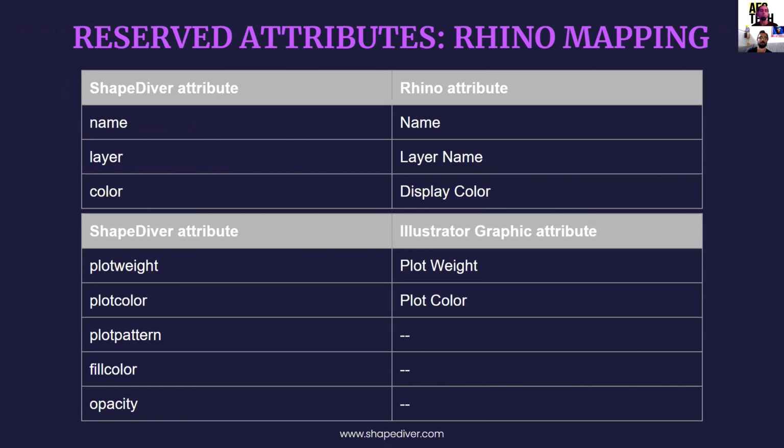And then we have attributes that make sense in different environments, even though they don't always have the same meaning, right? We've been using plot weight at ShapeDiver for a long time to export DXF files, plot weight, plot color, all of these types of attributes you can send when you export drawings.